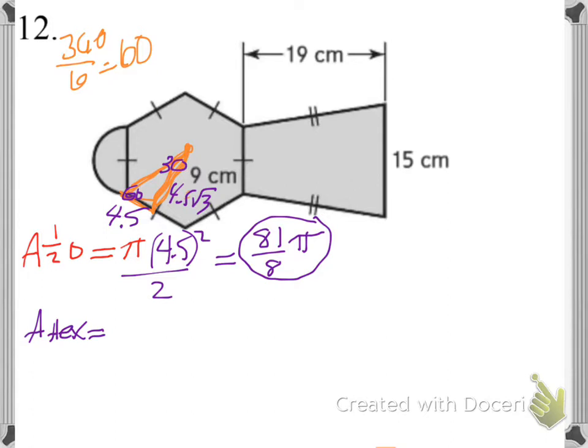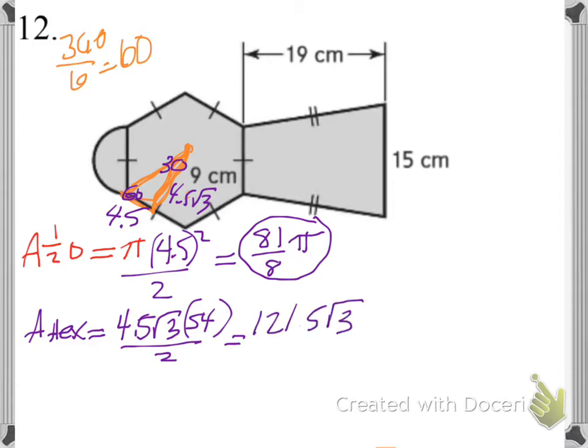So I'm going to have apothem, which is 4.5 root 3, times the perimeter, which would be 9 times 6 is 54, over 2. And when you do all that, you get 121.5 root 3. Okay, and so that is our hexagon, area of our hexagon.